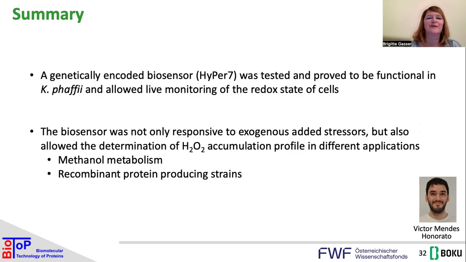And we could show that this biosensor was very valuable to follow hydrogen peroxide accumulation of different strains during methanol metabolism, but also of different recombinant protein producing strains, and that the productivity of the cells gets higher when they accumulate less hydrogen peroxide.